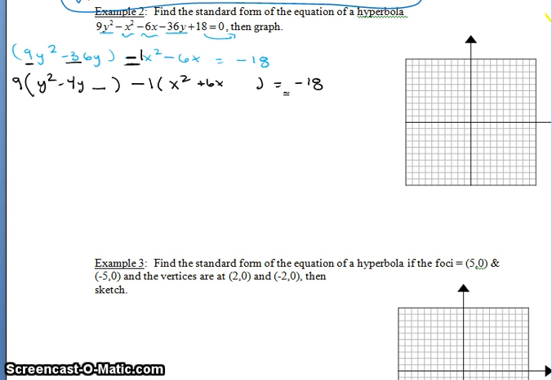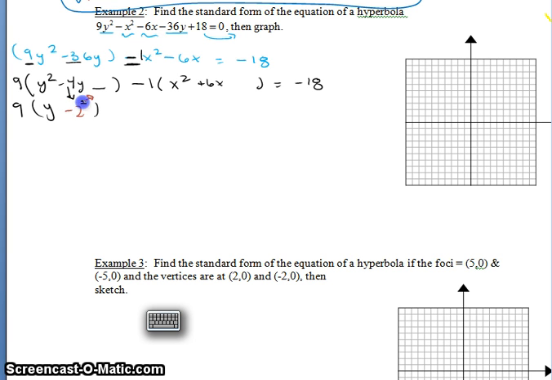So I had to pull the 9 out of the y terms, and I pulled the minus 1 out of the x terms. You need to make sure when you distribute that back in, you do get back that minus 6x. I do see sign errors there. Okay, so we're going to complete the square. You do half of your minus 4, and half of minus 4 is minus 2.